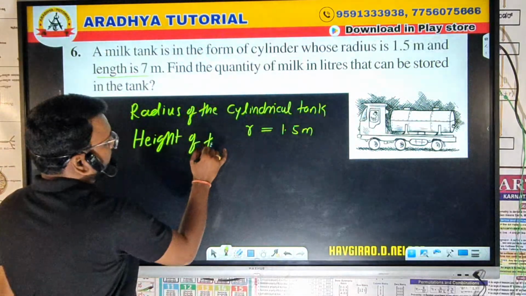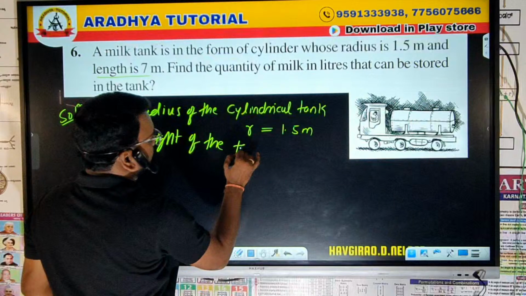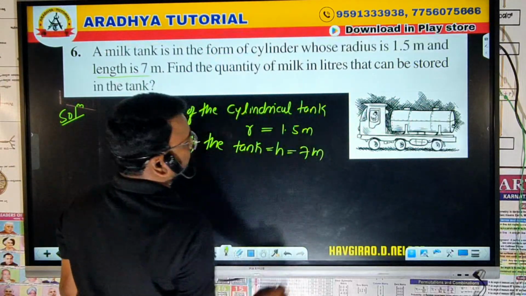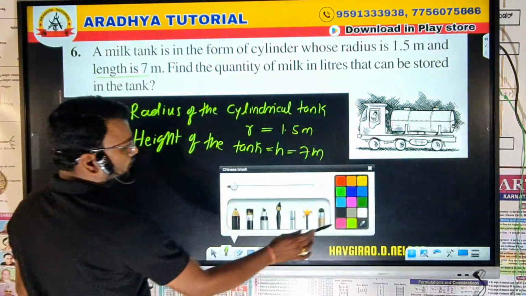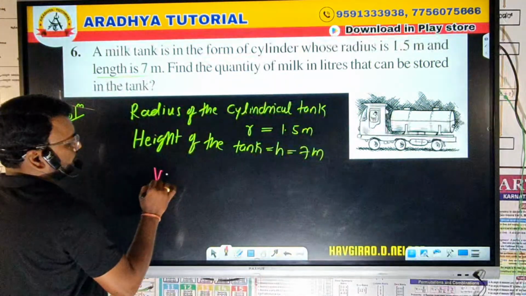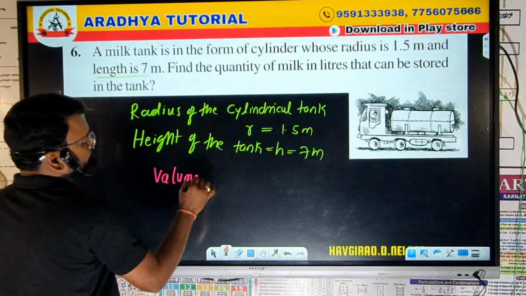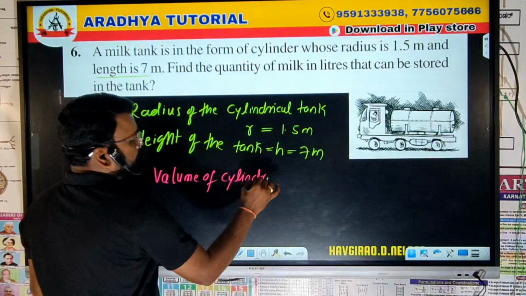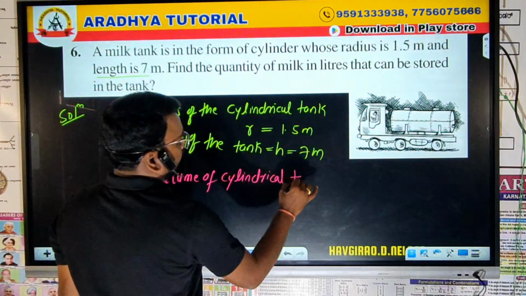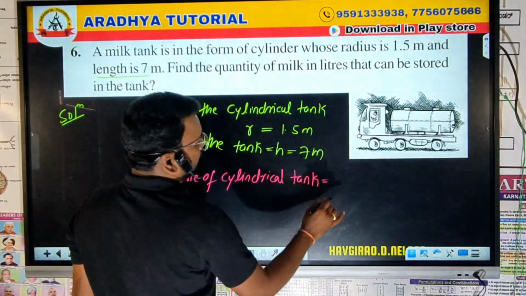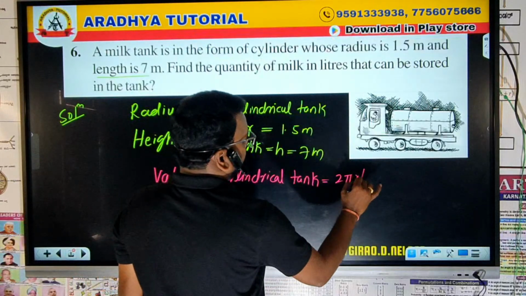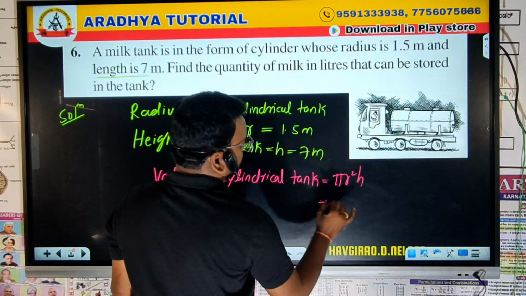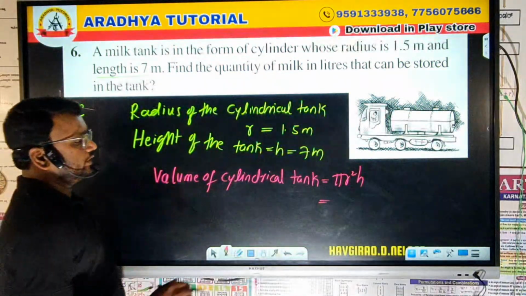Height of the cylindrical tank, that is h equals 7 meter. Now volume of cylindrical tank is pi r square h. Pi r square h is the volume of the cylinder.